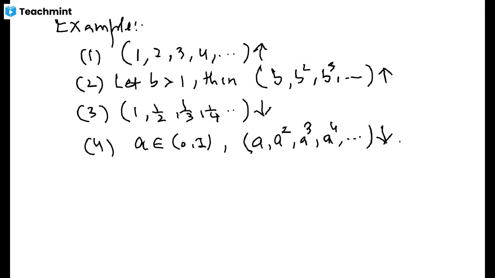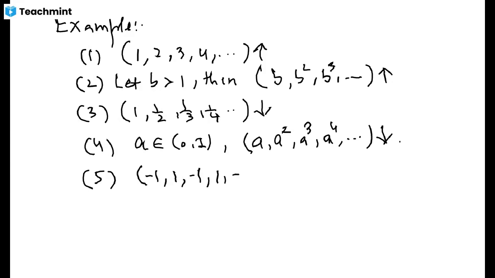But there are also sequences which are neither increasing nor decreasing. If I take -1, 1, looking at the first two terms it seems to be increasing, but if I take the next term, -3, then it is no more increasing.